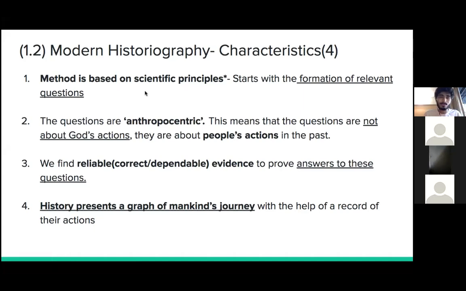Actually, there are 3 things you need to know, right? So formation of relevant questions, answering those relevant questions with reliable evidence, and presenting a graph of mankind's journey. Those are the 3 steps, and within that, in the formation of relevant questions, you need to know कि ये questions कौन से type के हैं. ये questions इंसानों के बारे में, right? They're anthropocentric. They are about people, not about gods.